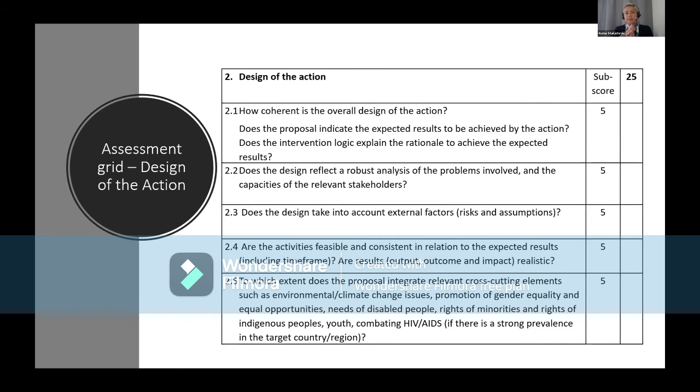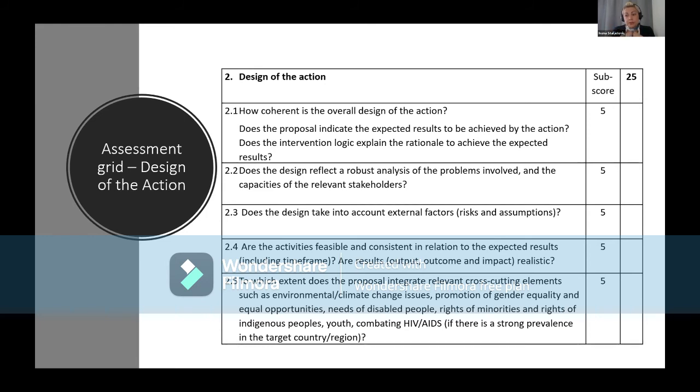Okay, the second part of the assessment grid is related to the design of your action. Again, we have a maximum score of 25. So in total, with the relevance of the action, it is a maximum of 50 points for the concept note, 25 points for each section.